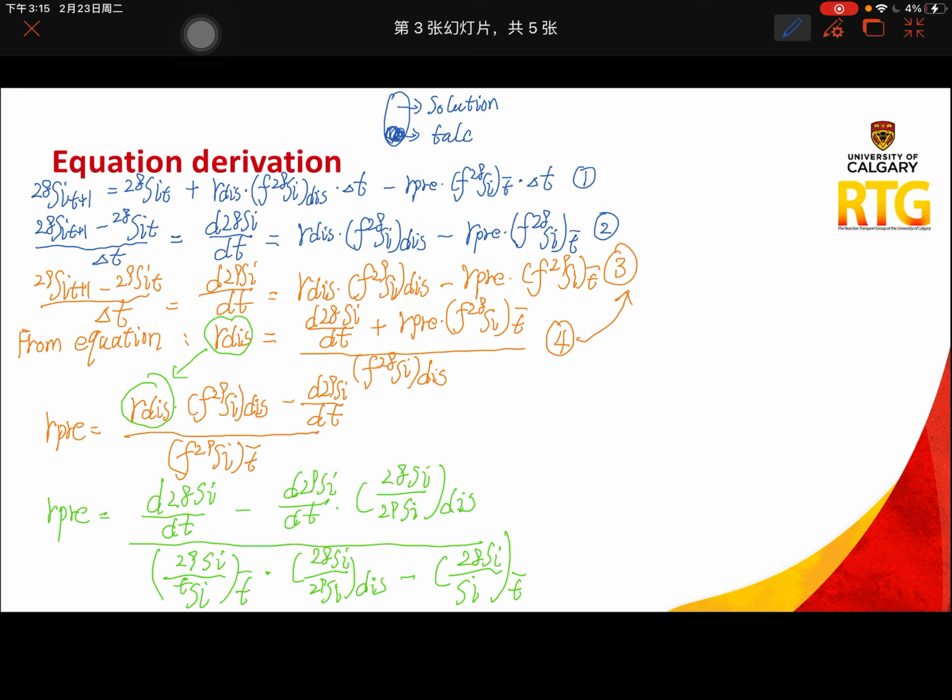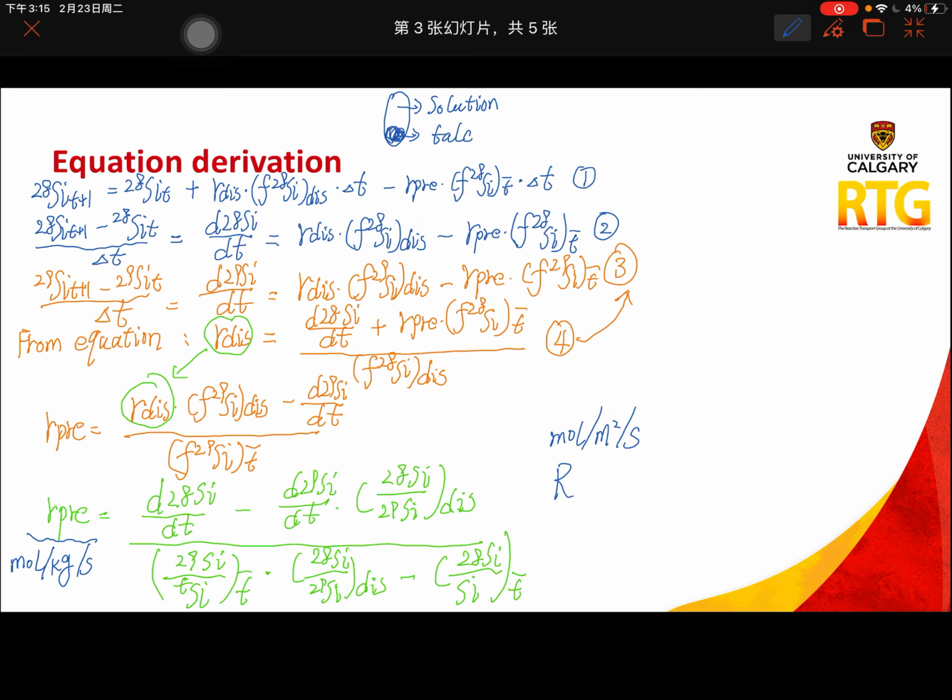And be careful, here the precipitation rate unit is mole per kilogram per second. But when we describe the dissolution rate of a mineral, we use mole per meter squared per second.